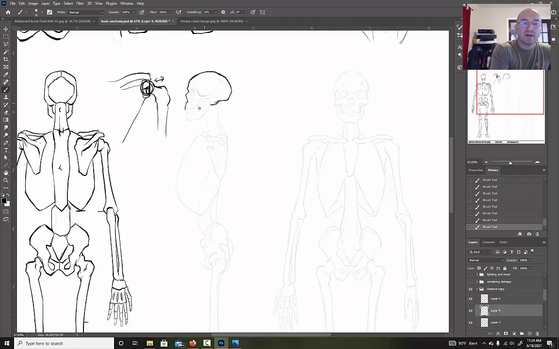This is the upper mandible, cheekbone, orbital bones, the eye socket, and the lower mandible.